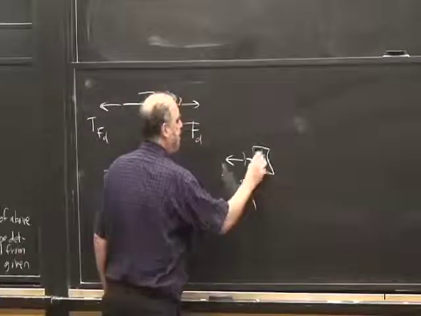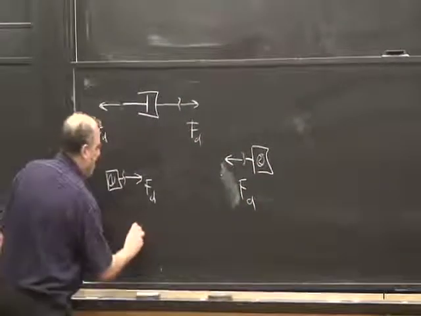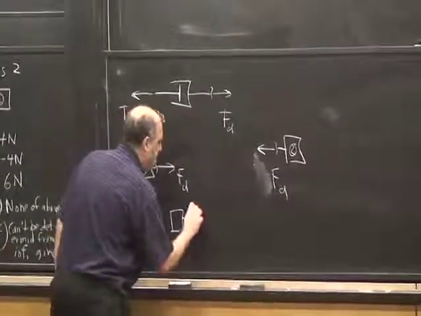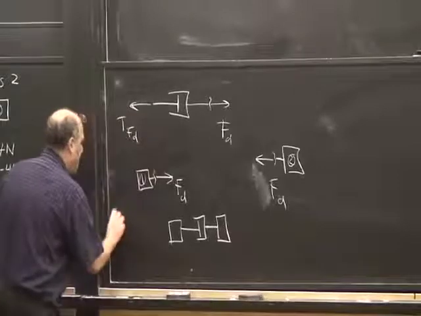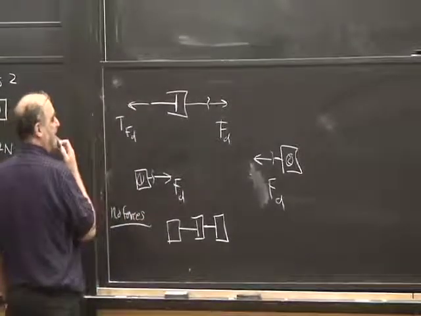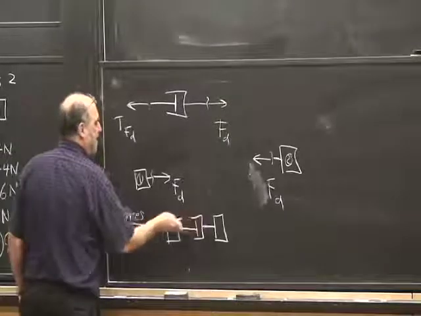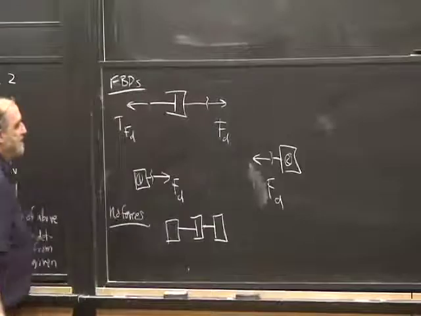Okay, so here's free body diagrams of the three parts. We could also draw a free body diagram of the whole system, but the free body diagram of the whole system has no forces on it. So there's nothing to say. It doesn't tell us about these internal forces. So here's 4 different free body diagrams we can draw.